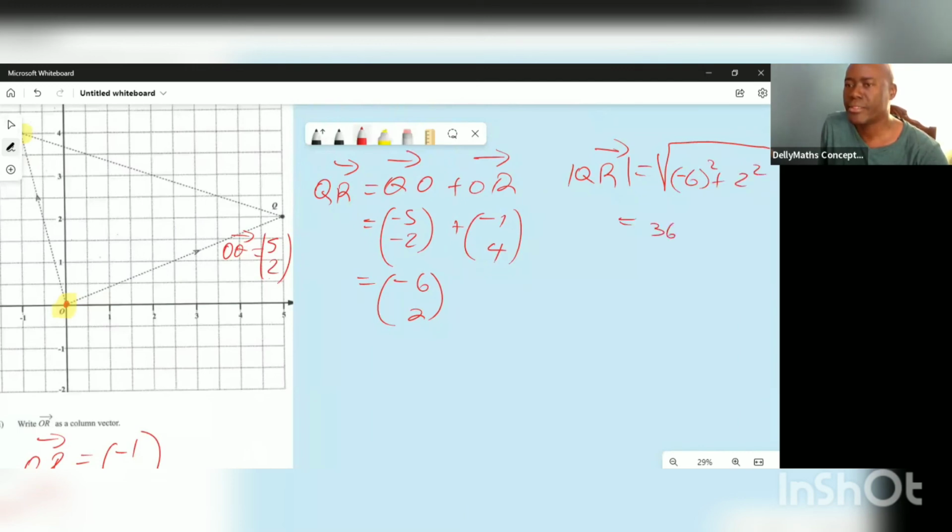We're getting 36 plus 4, and that's the root of 40, because negative 6 squared gives us 36, and 2 squared gives us 4. So we have 40 under the root. So the root of 40 is the answer, and that is good when we're dealing with vectors.